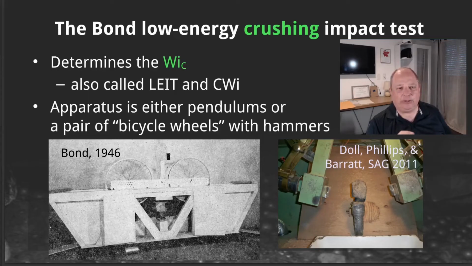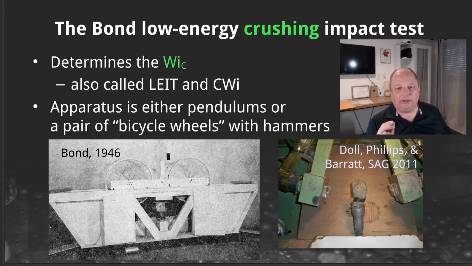The next test we'll talk about is the Bond Low Energy Crushing Impact Test, which determines the crushing work index, the WIC. You'll also see this referred to as the LEIT, L-E-I-T for Low Energy Impact Test, or CWI for crushing work index.